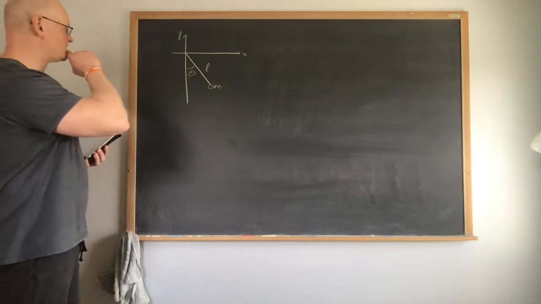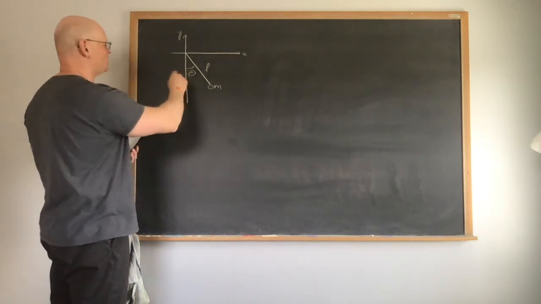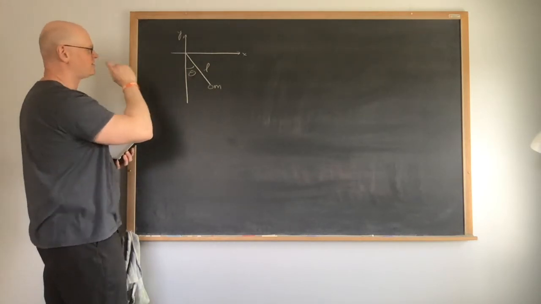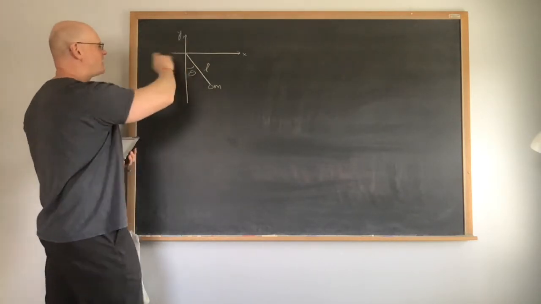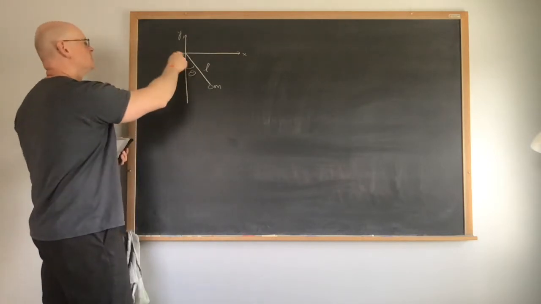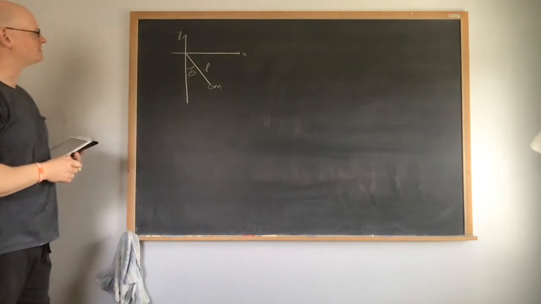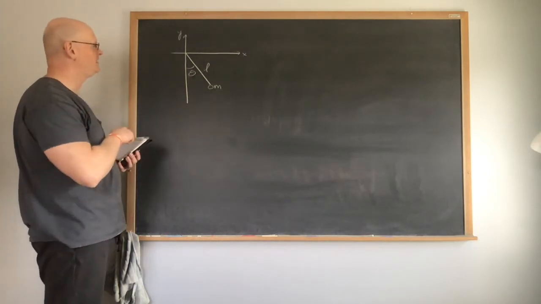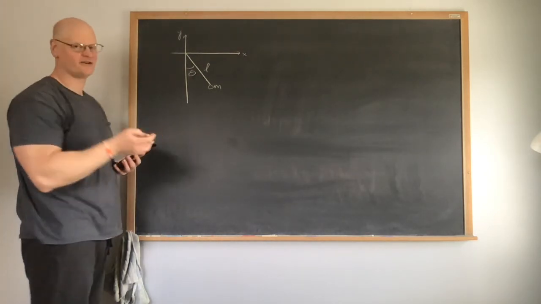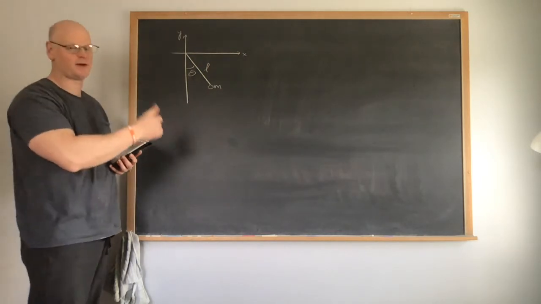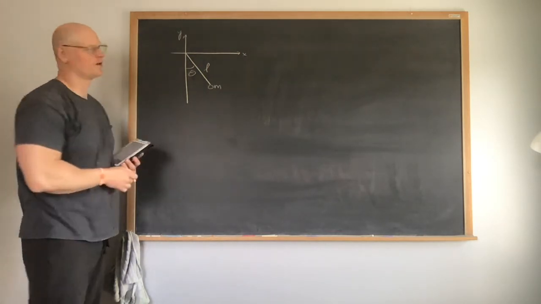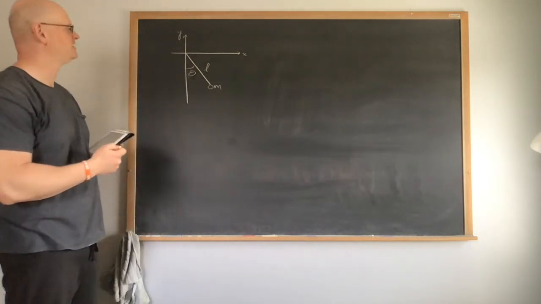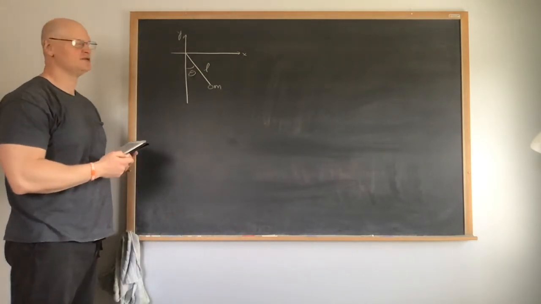So our first example we're going to look at is a simple pendulum, which I've expressed in this Cartesian coordinate system. Here's the y-axis and here's the x-axis, so that the pendulum is at the origin here. What I want to do is express the kinetic energy and the potential energy of this simple pendulum in this rectangular coordinate system with x and y, and then also find the Lagrangian.